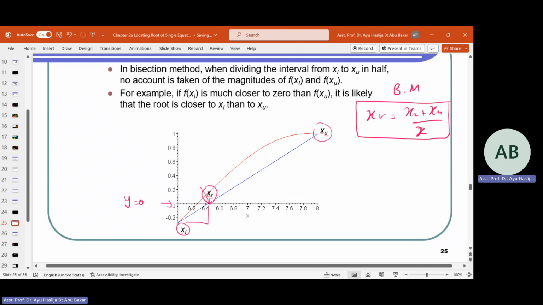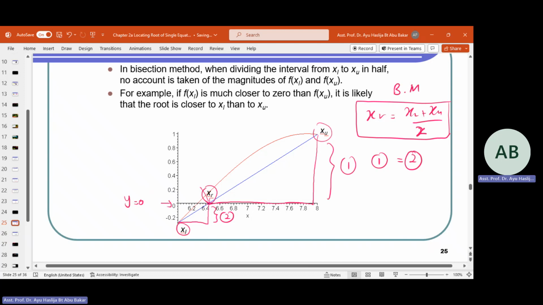So it has its own gradient, between XU and XR, and also between XR and XL. In the false position method, the assumption is that gradient 1 is equal to gradient 2.